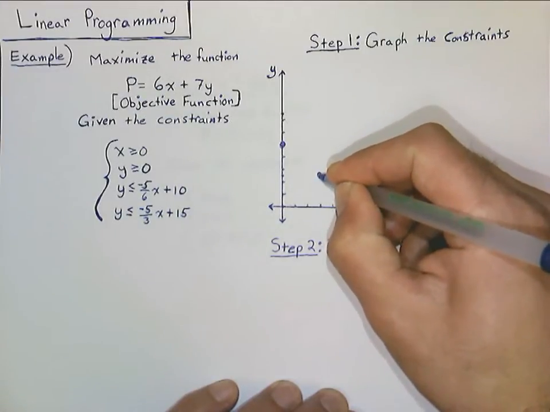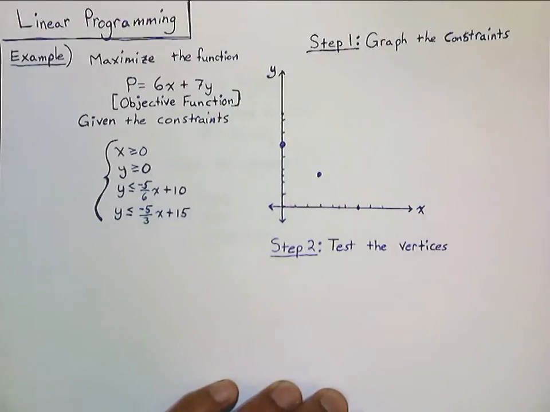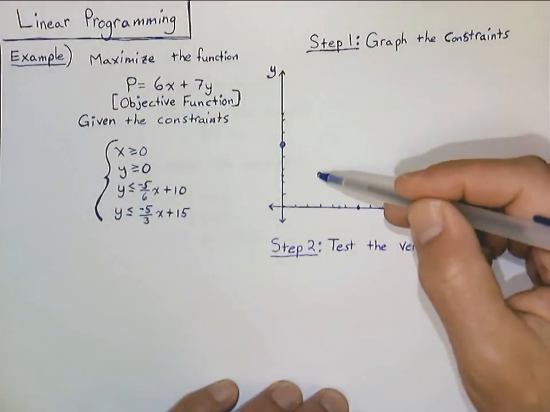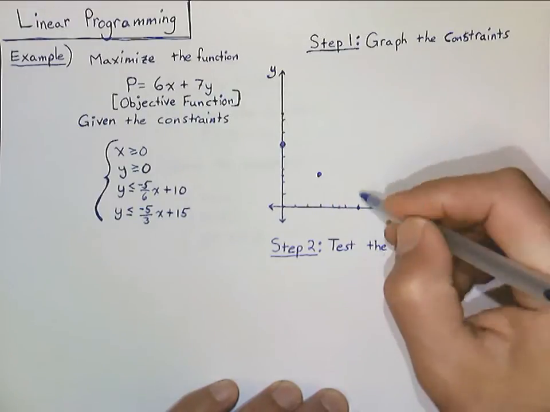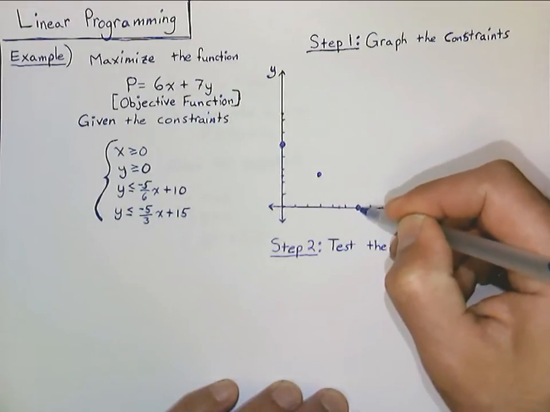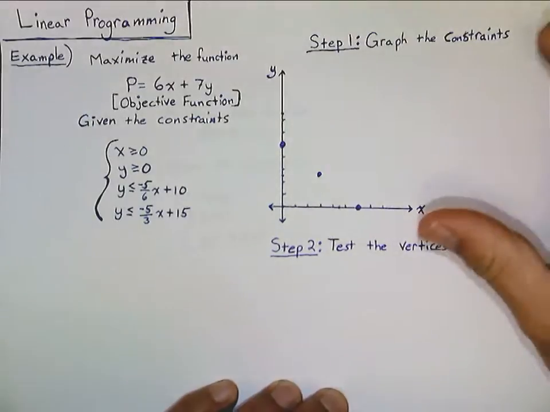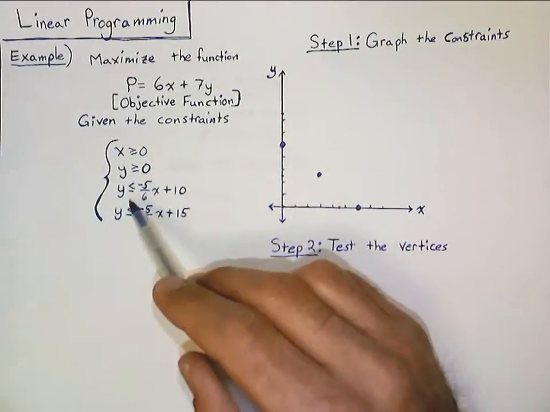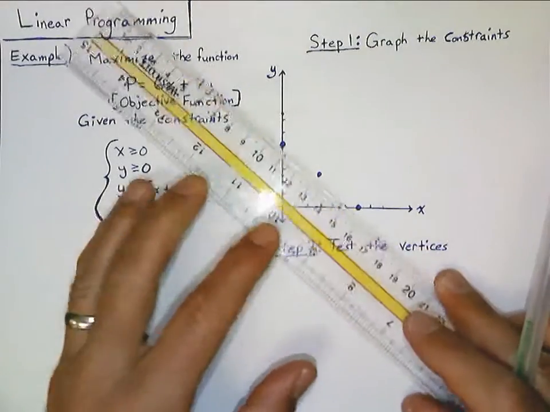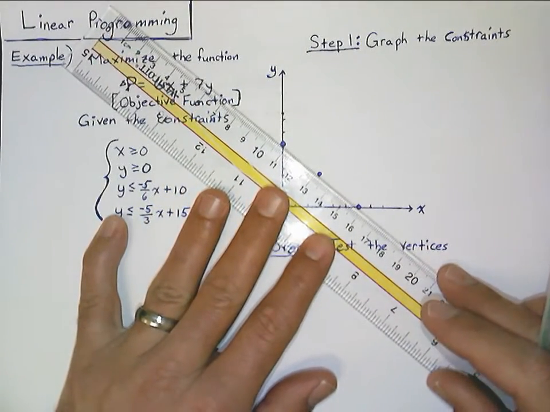Here is a second point. And I could just play connect the dots here, or I could go down 5 again, and to the right another 6. Here's a third point. So this inequality, the boundary line, which I do want to include, so I'm going to use a solid line, is going to be right here.